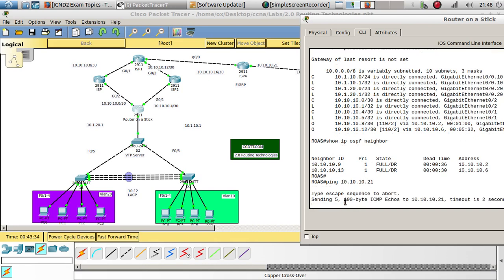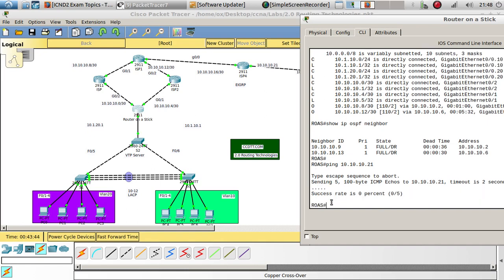10.10.10.21. And you can see this problem right here. We are not able to ping it. And the reason behind this is that since this network over here is using OSPF and this one is using EIGRP, this one does not know how to get over here.